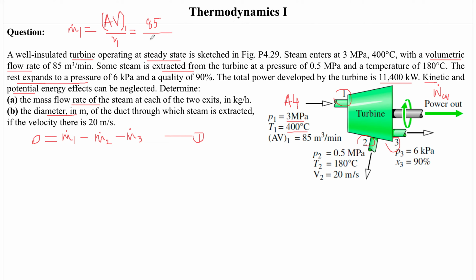So once you find that out, plug it in, change the units, and I'll just tell you what V1 is so you can compare it. 6.0994 is going to be equal to 14.2 kilograms per second. Okay, so you've got m dot 1 that you found out.